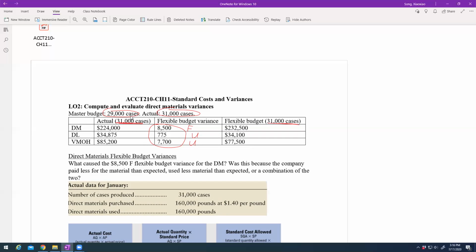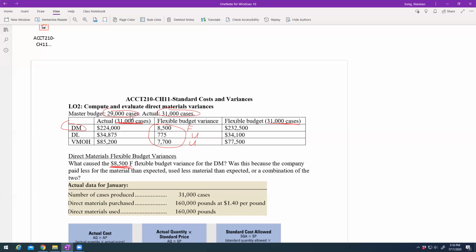Now why did our direct material flexible budget variance show $8,500 favorable? Think about flour, salt, and oil.